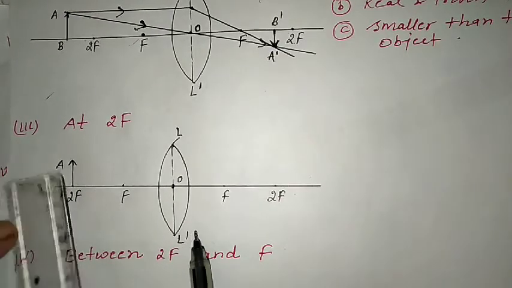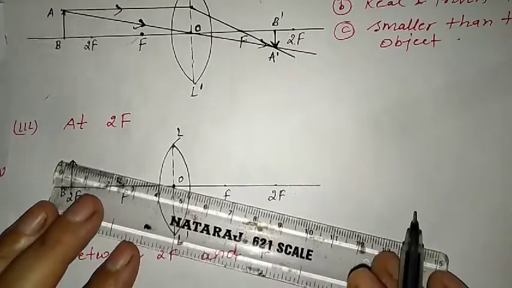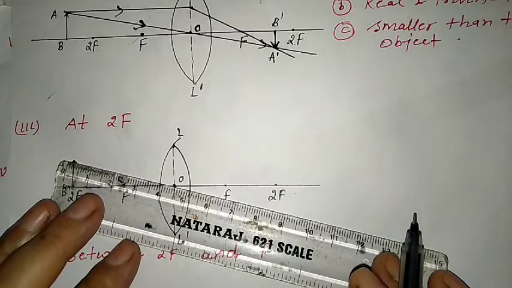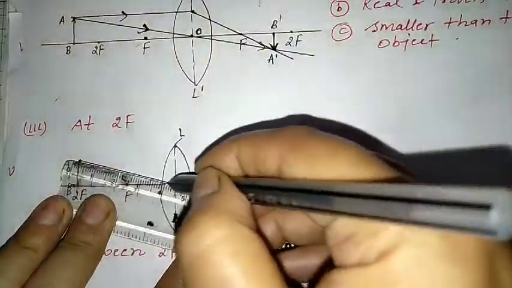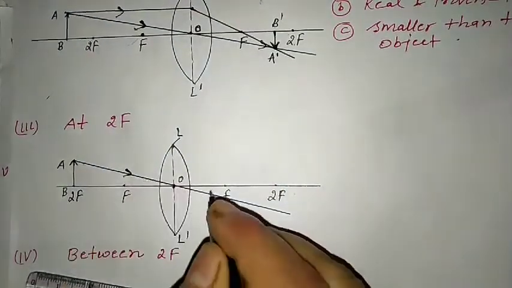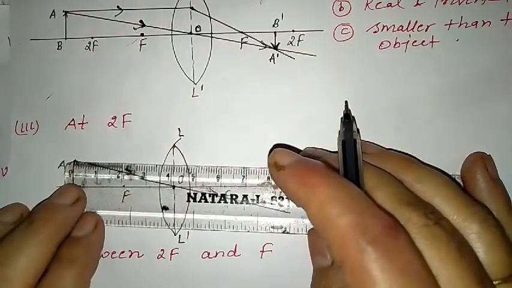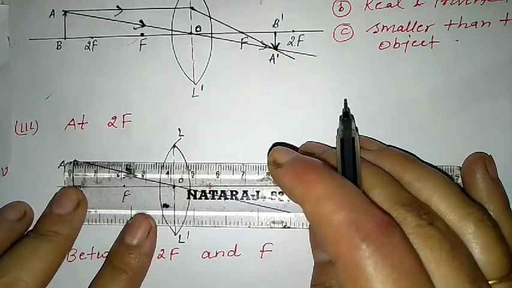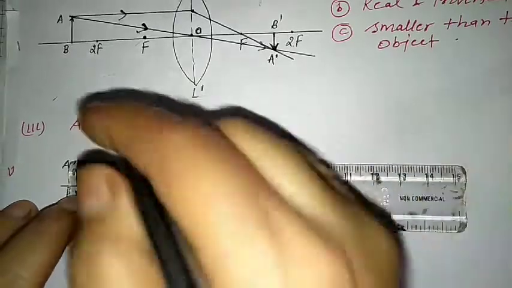Again the ray from the head will pass through the optical center, so it will not refract. The other ray will be parallel to the principal axis.